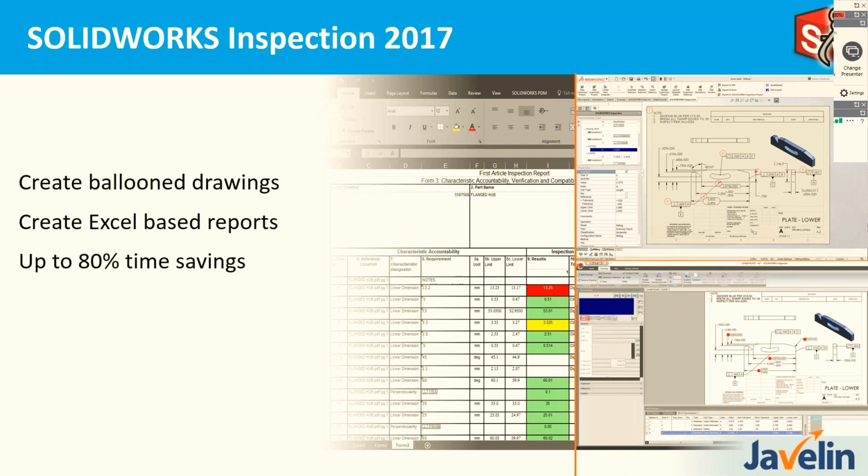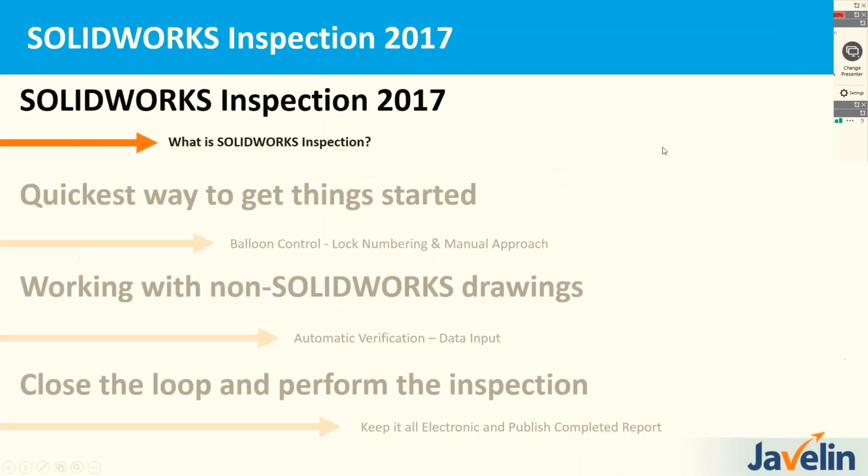Inspection takes care of that, and as you can see, it says up to 80% time savings. So there is quite a bit of time savings depending on how you're doing it now. But it's not just about time. It's about getting rid of the tedious tasks that you do day to day. So that's part of SOLIDWORKS Inspection.